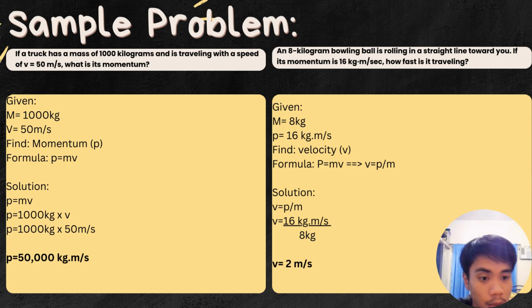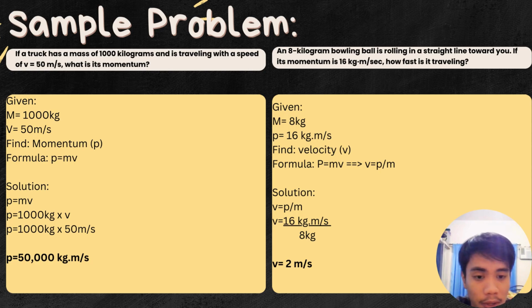For the solution, velocity equals p over m. We have the mass and the momentum given in the equation. Then all that's left to do is to substitute the given. So velocity is equal to p, momentum, which is 16 kilogram meters per second, over mass, which is 8 kilograms.